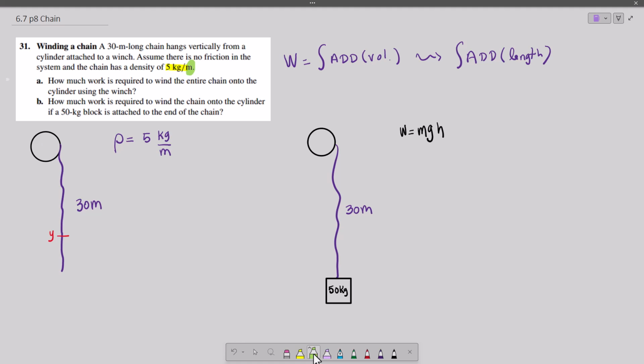Normally, when we think about density, we're thinking about kilograms per meter cubed. So that denominator would be a meter cubed. But because that's just a meter, we know we're not dealing with this volume situation, we are dealing with that.